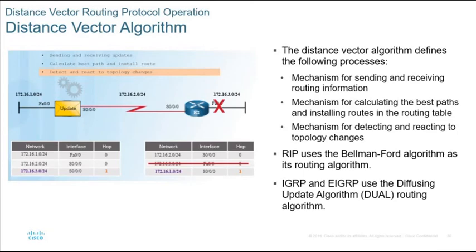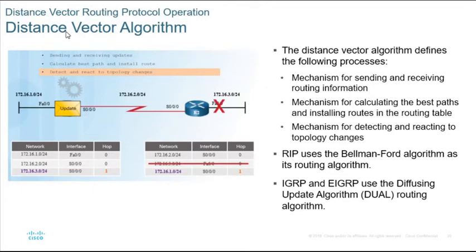Moving on, let's find out what are the different algorithms that are involved whenever a certain protocol operates or chooses how to operate. It actually depends on the algorithm that they have.